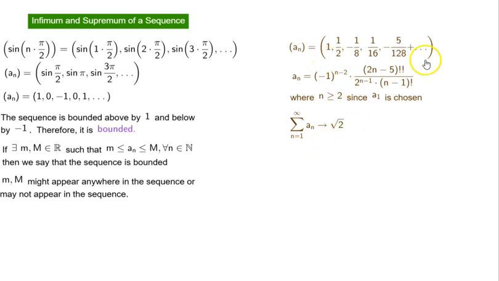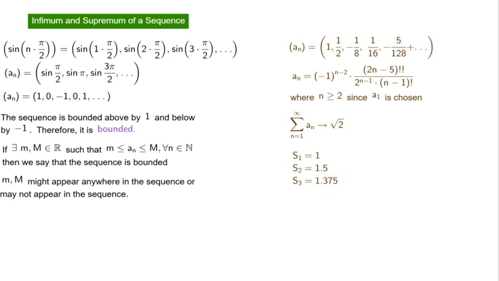So if we sum up, the partial sums that we get will approach root 2. So S sub 1 is equal to 1. Pretty straightforward. S sub 2 is equal to 1.5. 1 plus 1 by 2 is 1.5. S3 is equal to 1 plus 1 by 2 minus 1 by 8.